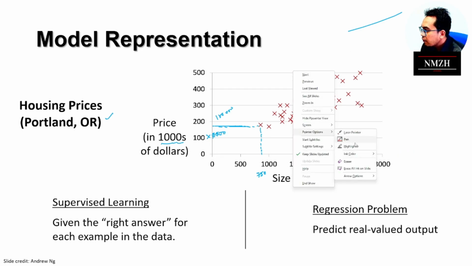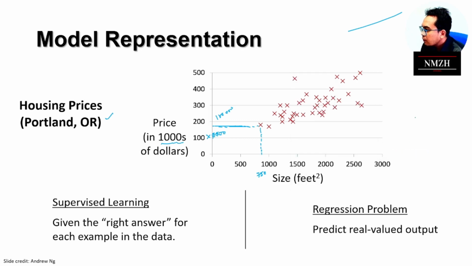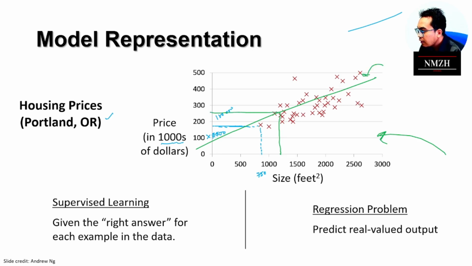We will find a line. Let's say this is the line. By using this line, when new data comes in, for example 1,250, the price is this, based on the regression line that we have from the training.